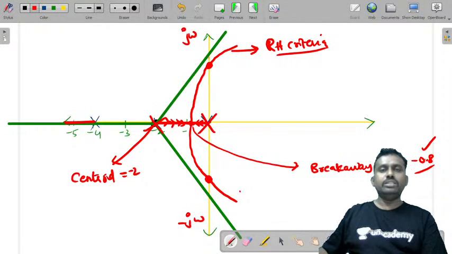This can be below this asymptote or it can also be above this asymptote. That will be found by using the asymptote.